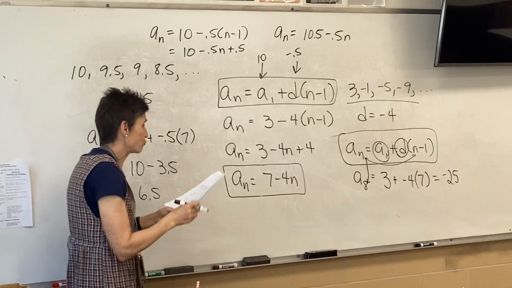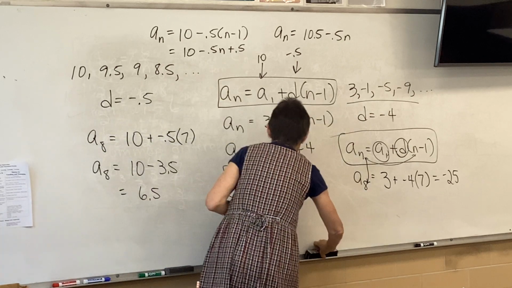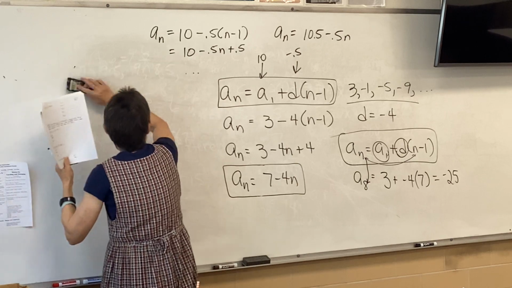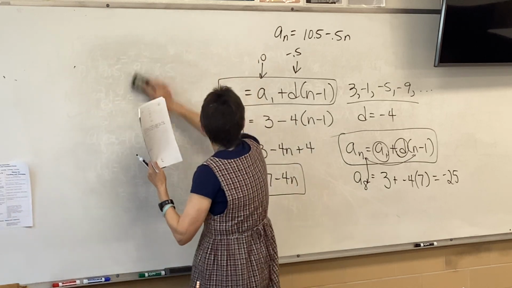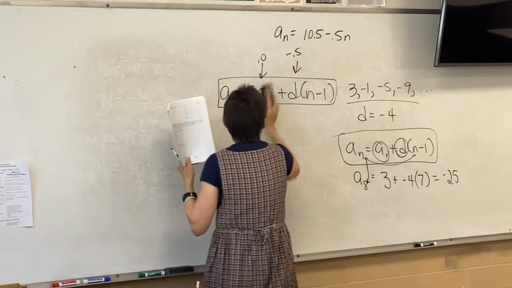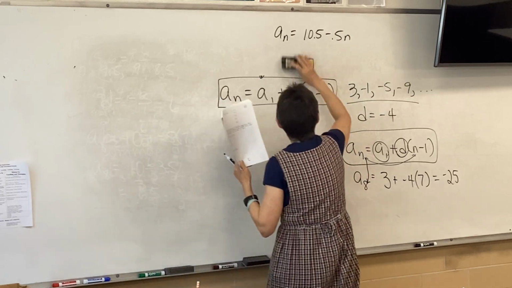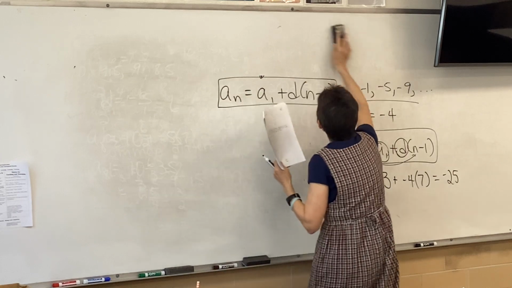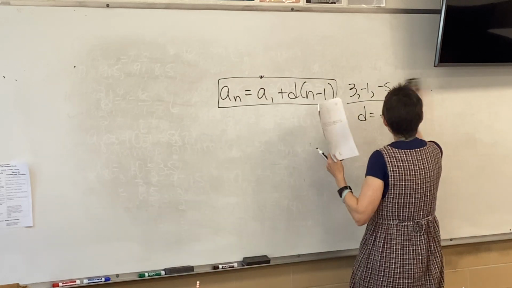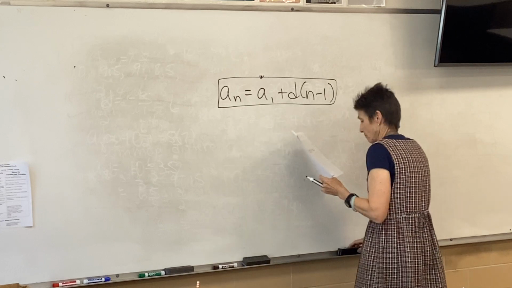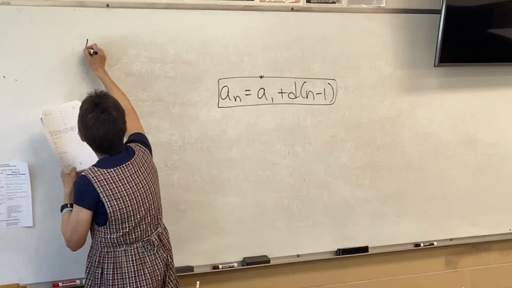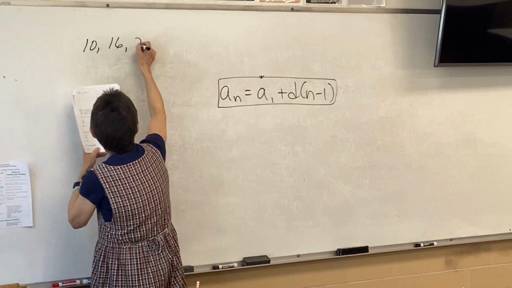All right, one more. Try this one on your own. See if you can do what we just did. Answer all the questions we just did. I'll read my formula right here. This is the formula I use whenever my sequence is arithmetic. So I guess the first thing you want to do is confirm it's arithmetic.